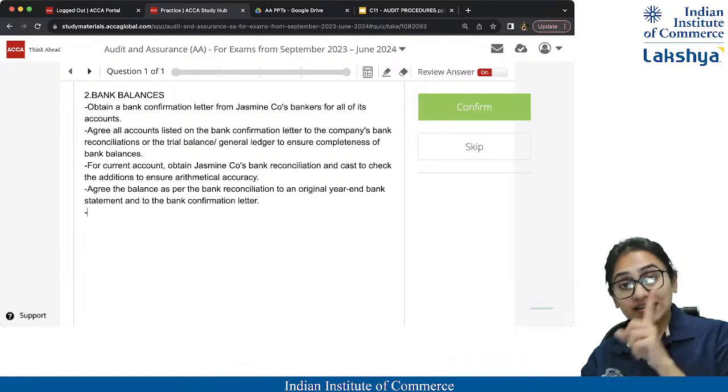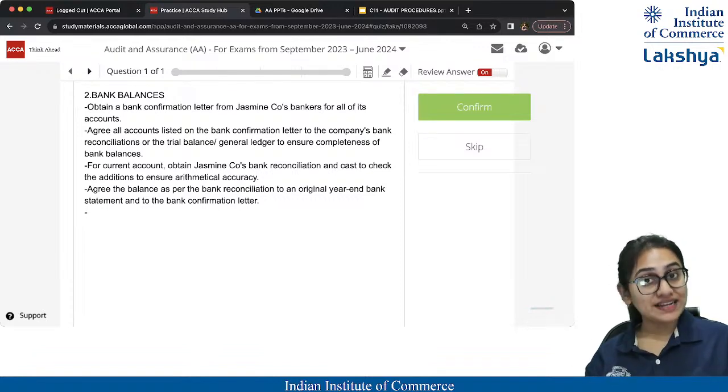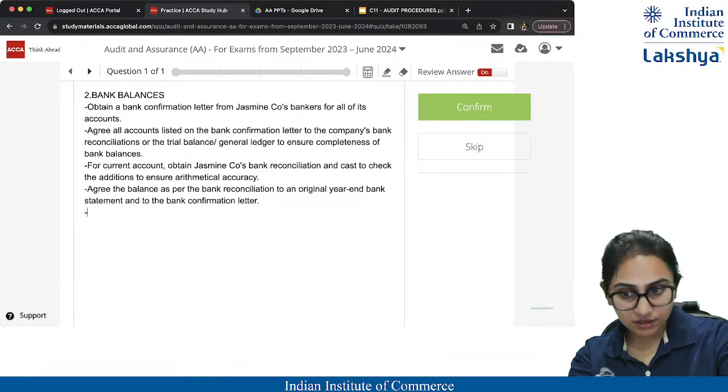Then you have to again agree the reconciliation to the ledger account. Yes, because ledger account is what you're preparing in the company. So again, same point but a different way.